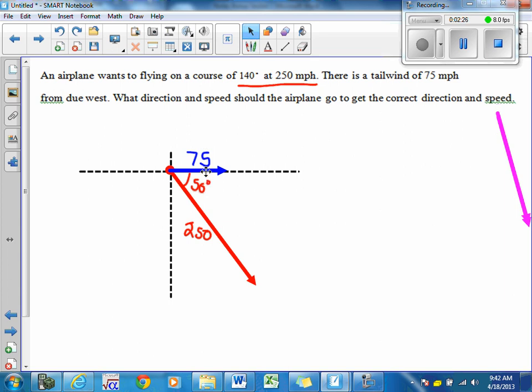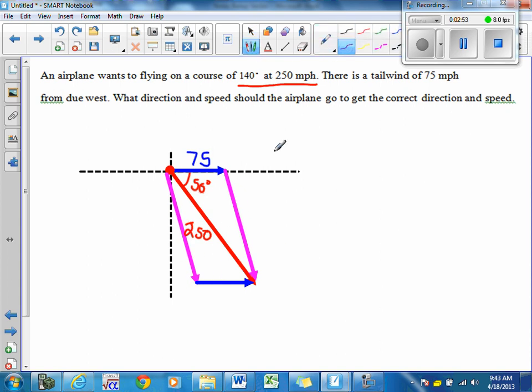Now, we cannot just take this, create our parallelogram here and go forward, because the red line is our resultant. That's the way we want to go. So we need to reconstruct our parallelogram. Put the 75 down there, and I already have this ready to go, and create these pink sides to get our parallelogram.